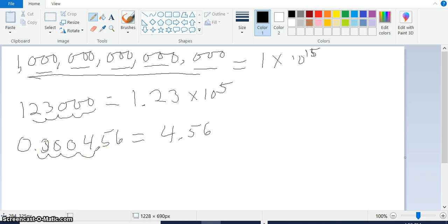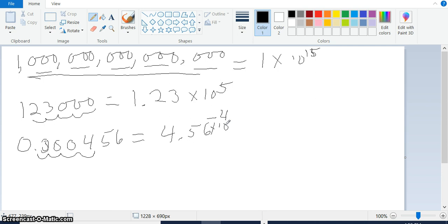Remember, to go back to where it originally was, I've got to move it 4 places to the left. So that's times 10 to the -4th, sorry. You've got to write the times 10, that's kind of important.